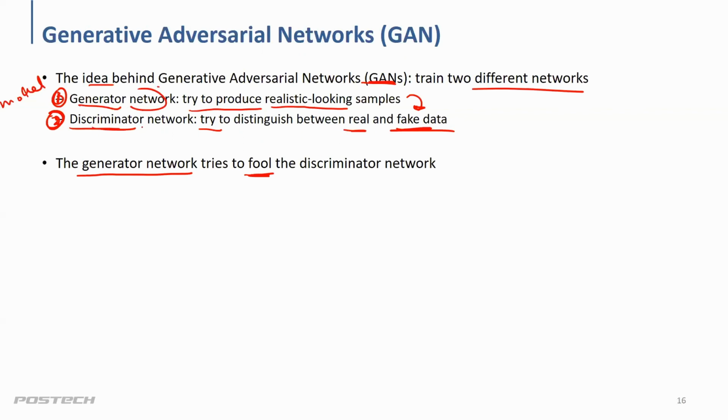If the discriminator is not able to distinguish it from the real data, then the fake data is realistic looking data. It's fake, but it looks like the real data set. That's the key idea, the background and fundamental philosophy of GAN.